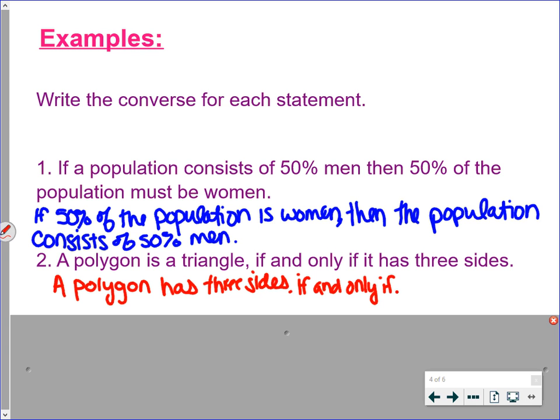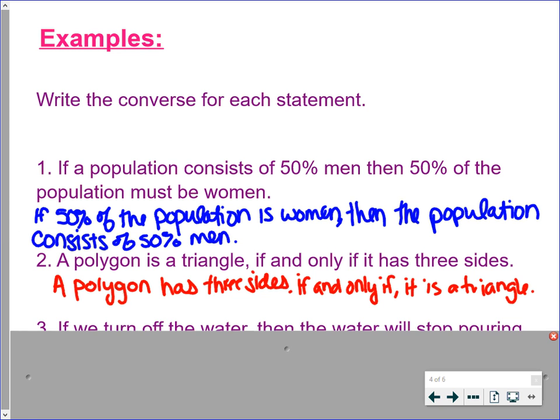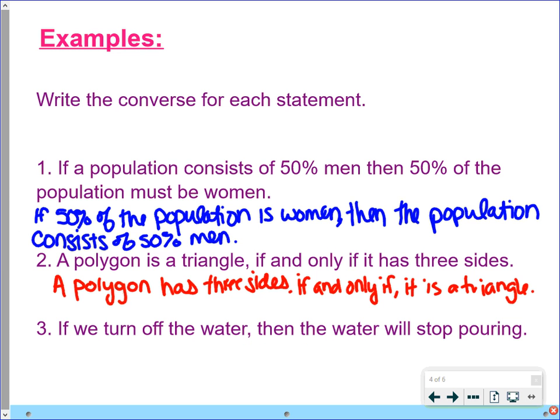And then we're going to take our hypothesis and move it to the end. It is a triangle. So a polygon has 3 sides if and only if it is a triangle. So again, taking our beginning, putting it at the end, taking our end and putting it at the beginning.